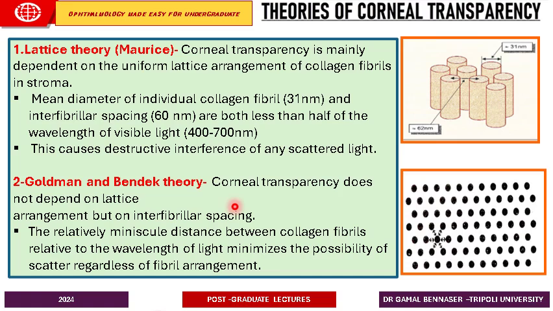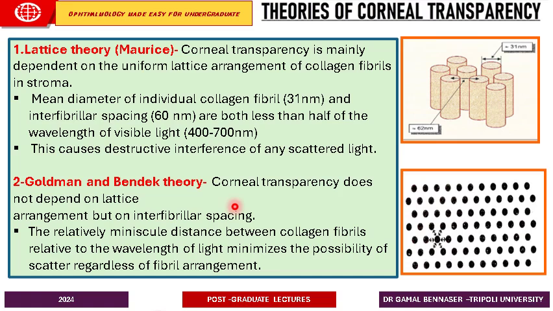As we have said before, the stroma is made up of lamellae, and the lamellae are made up of bundles, and the bundles are made up of fibers, and the fibers are made up of fibrils. So they relate the transparency of the cornea to the distance between these fibrils, not to the special architecture and arrangement of the collagen fibers, which is explained in the lattice theory.